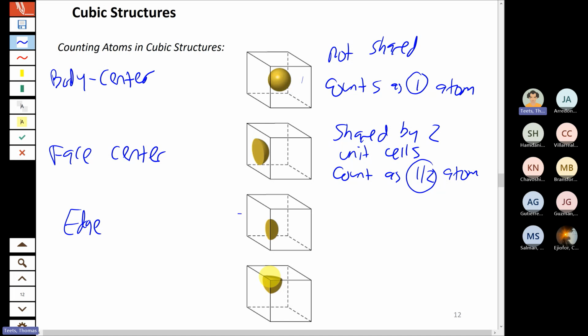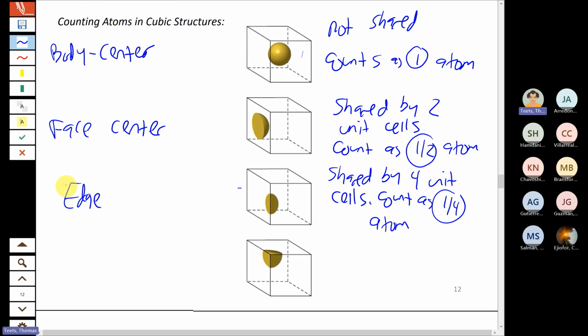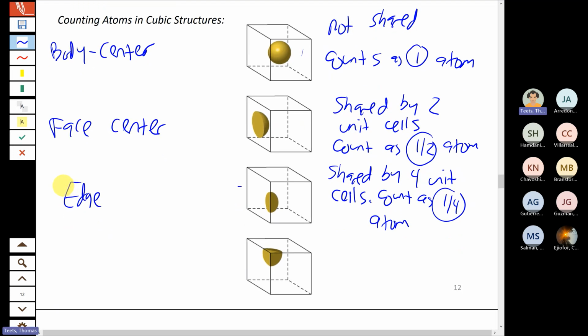So the edge positions are shared by 4 unit cells, and count as 1/4 of an atom for that individual cell. We won't use the edge position until we start talking about ionic structures next time, but that is a possibility.